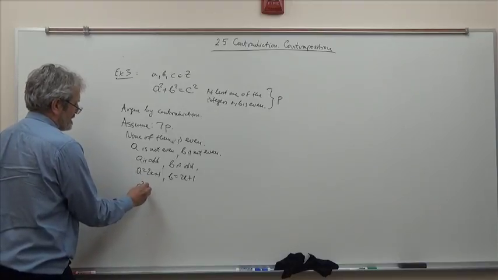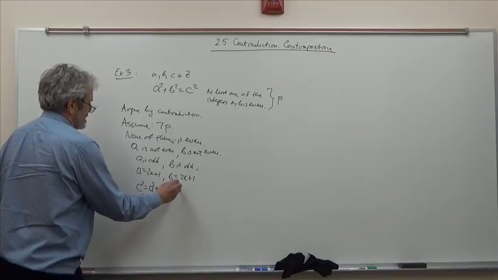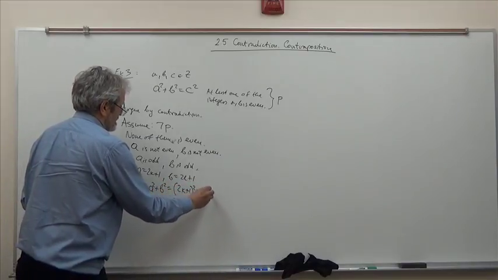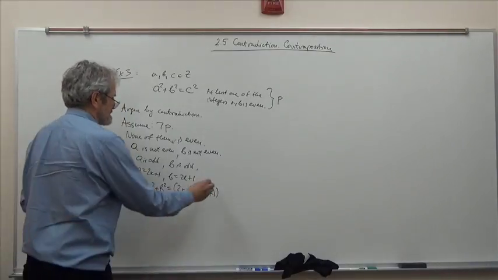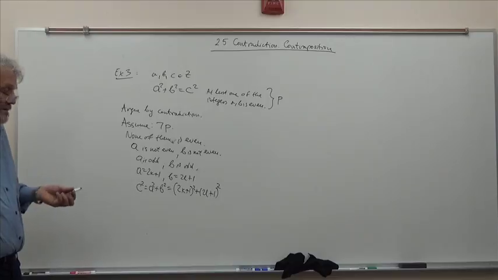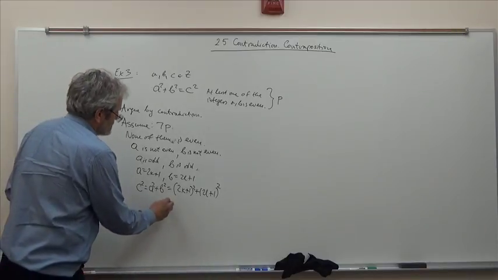see algebra, a squared plus b squared, which is 2k plus 1 squared plus 2l plus 1 squared. Uh-oh, now it's not that obvious that something's wrong here. I don't see that contradiction very easily. But what do you do?